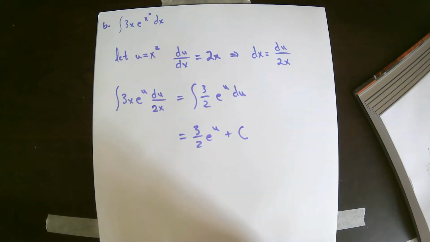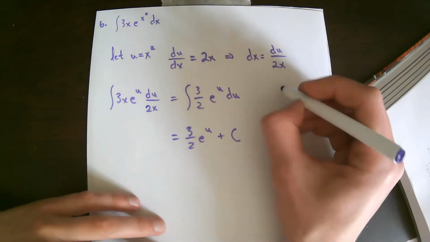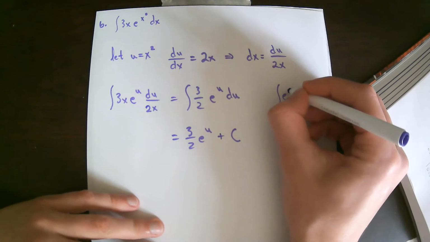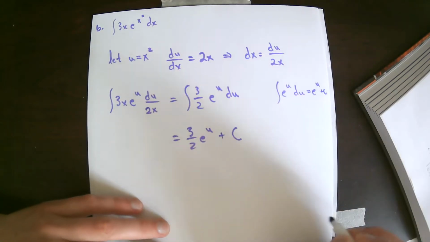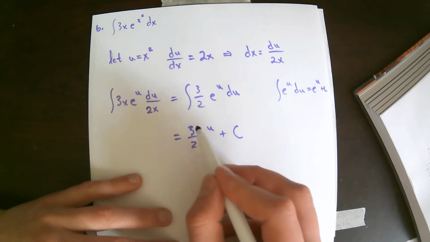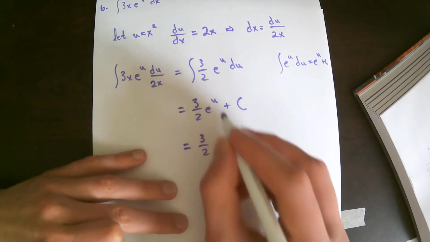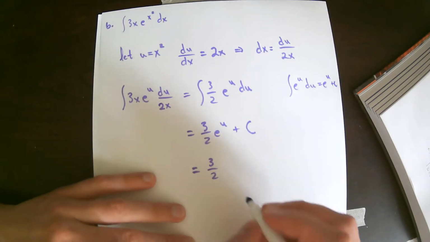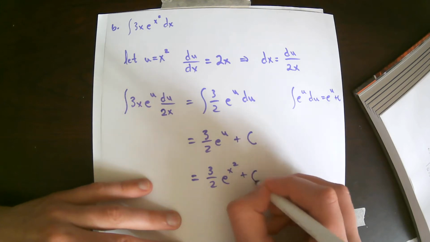So this integral is very easy, right? Integral of e to the whatever the variable is, it's just e to the u plus the constant of integration. And the 3/2 just gets carried along. Last step, replace u with what it was originally defined as, so 3/2 times e to the x squared, and then plus c.